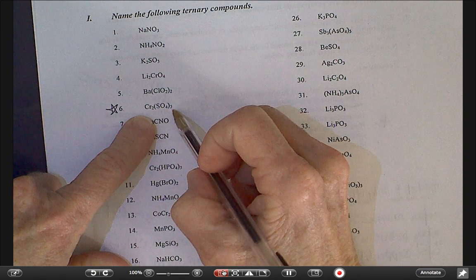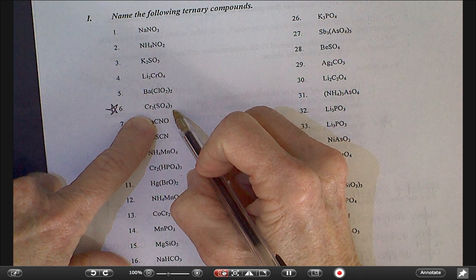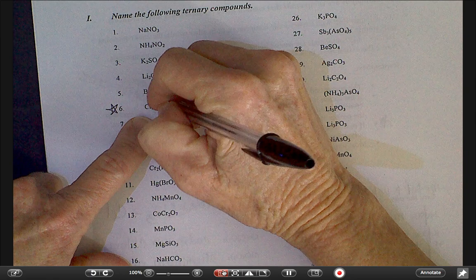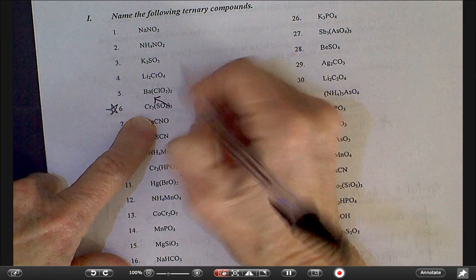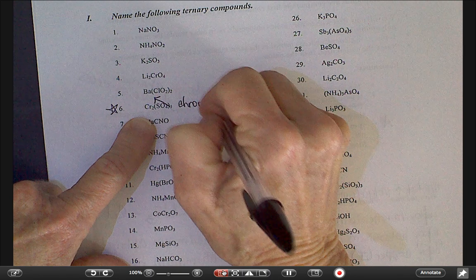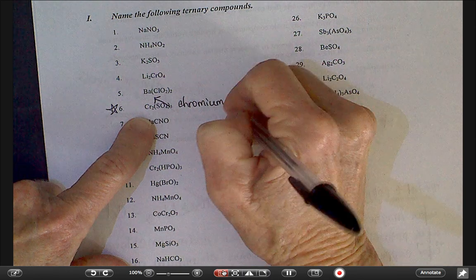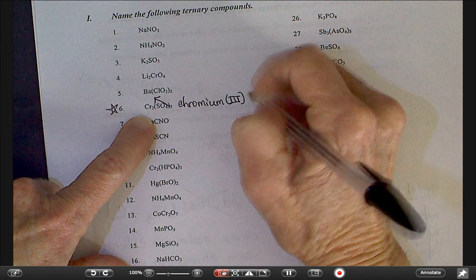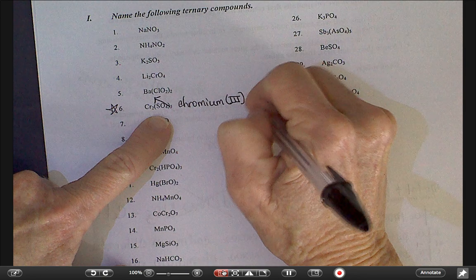Okay, where'd my 3 come from? In crisscross? Undo the crisscross. So that's chromium what? Chromium. Roman numeral what? 3. Sulfate.